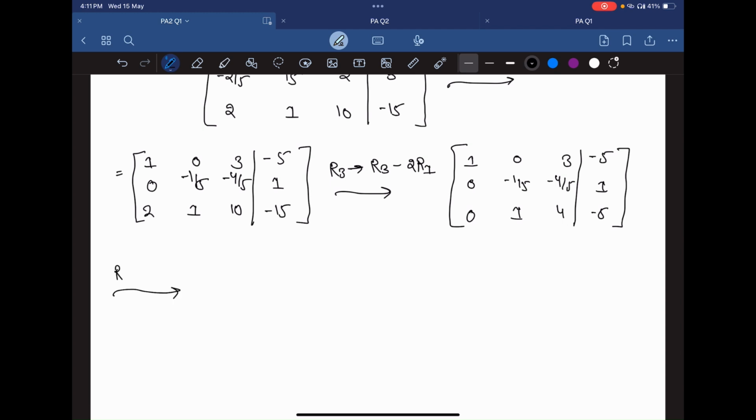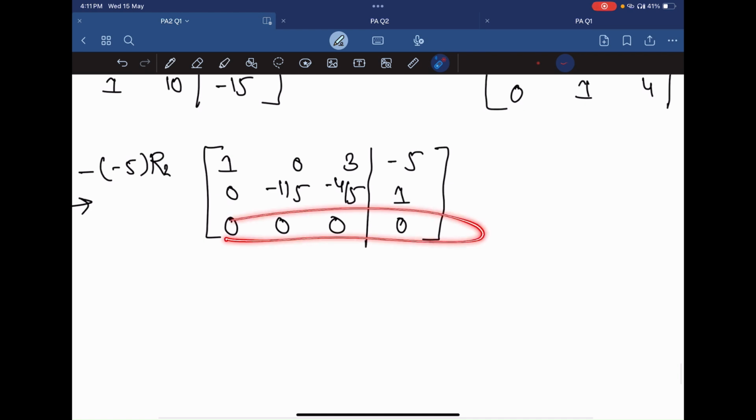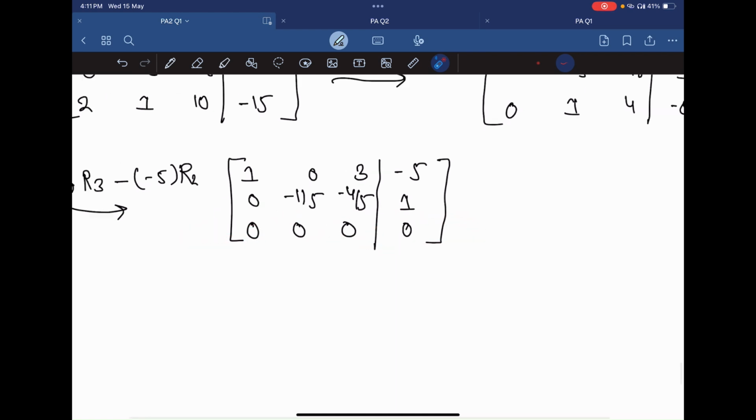Now let's again do the operation on the third row. This is R3 minus 5 times R2. So we'll get 1, 0, 3, minus 5, 0, minus 1 by 5, minus 4 by 5, 1, and 0, 0, 0, and here also 0. So we got a whole row 0 in the augmented matrix.